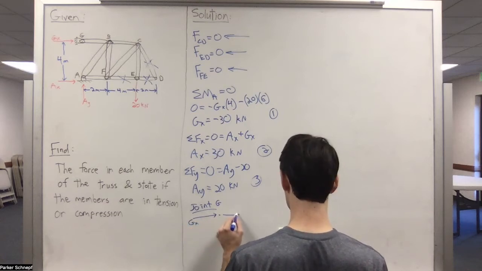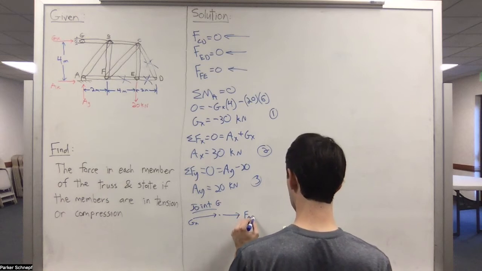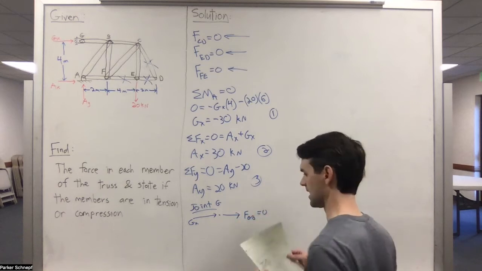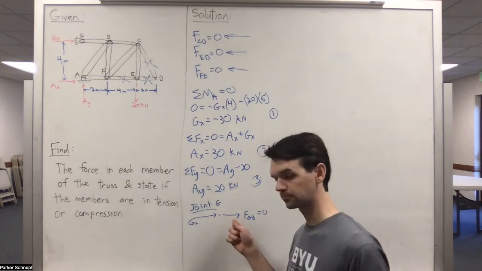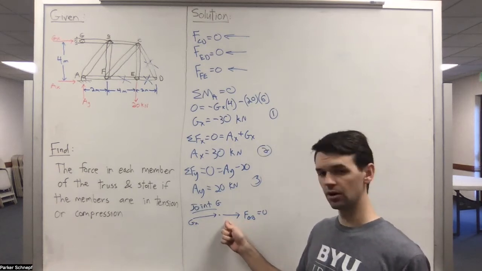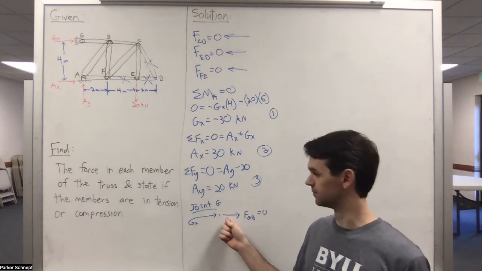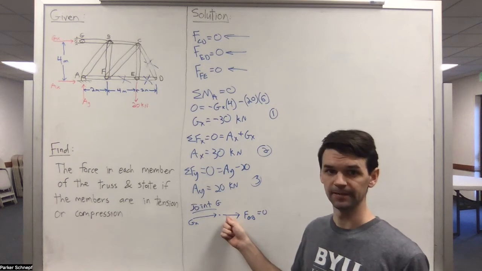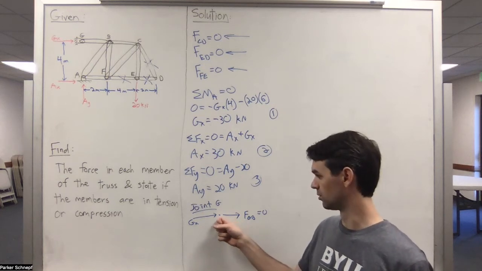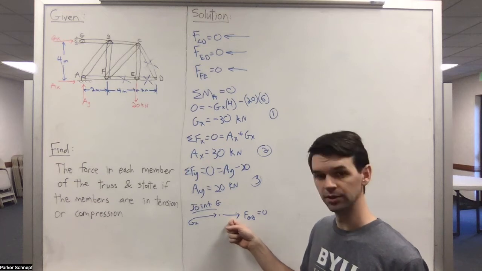Dx, FGB. And in my free body diagrams, just to make life simple, I am always going to draw the forces in the beams in tension, or going away from the joint.